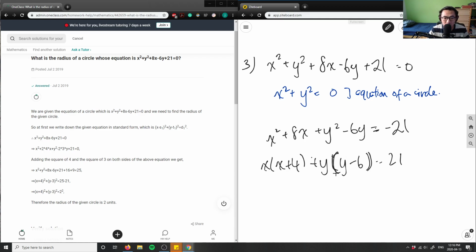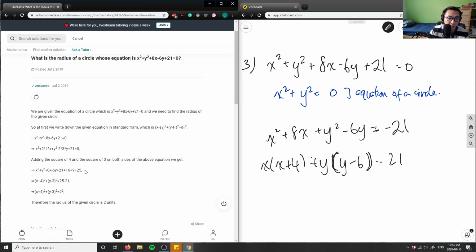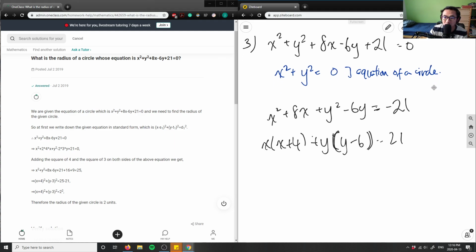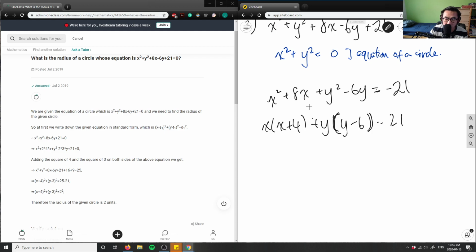And then in order for me to make a squared term here, what they're doing is they're completing the square, right? So they're adding the square of 4 and the square of 3 on both sides. So they're completing the square for this first one, and then the second one for this case. In order for me to make this term a perfect square trinomial, I have to do something like x is x plus 4, and I'm taking half of 4, 4 divided by 2 squared, right?